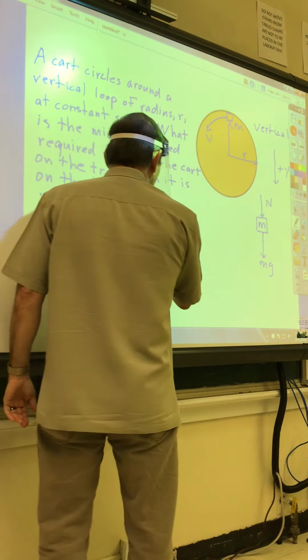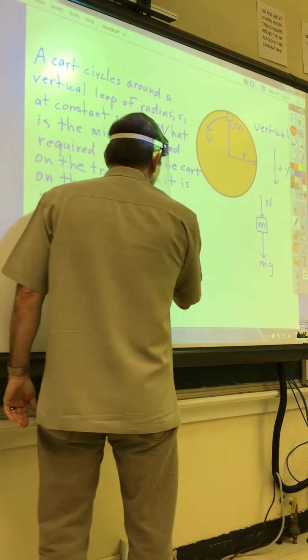Since the radial acceleration is pointing toward the center, that's also in the plus direction if we have down as being plus. So this is equal to mass times radial acceleration. The radial acceleration is given one of two ways: it's speed squared over the radius, or radius times the angular speed squared.